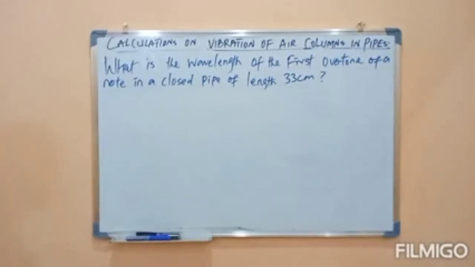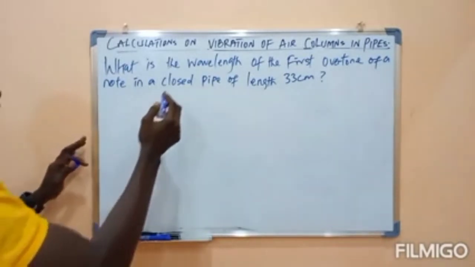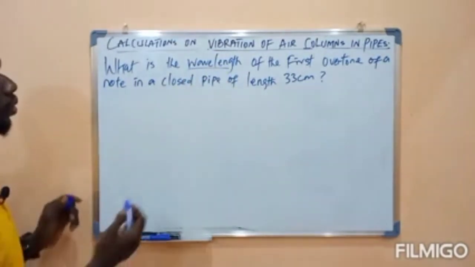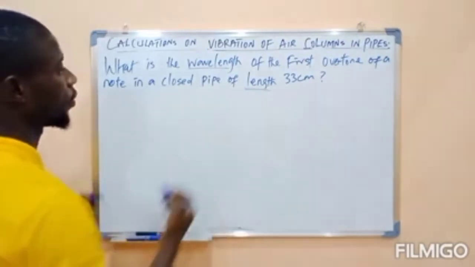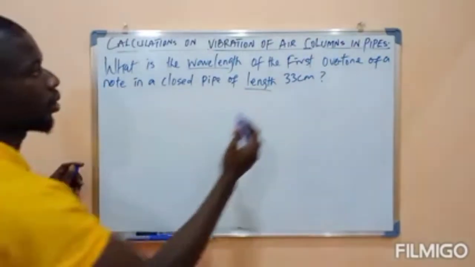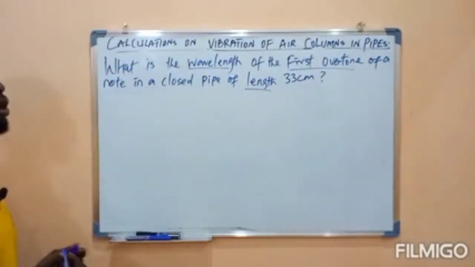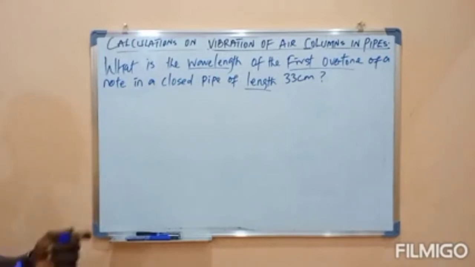If you look at this next question, it is relating the wavelength, the length of the pipe, and the first overtone. This is not like the previous question where you are finding the fundamental frequency.